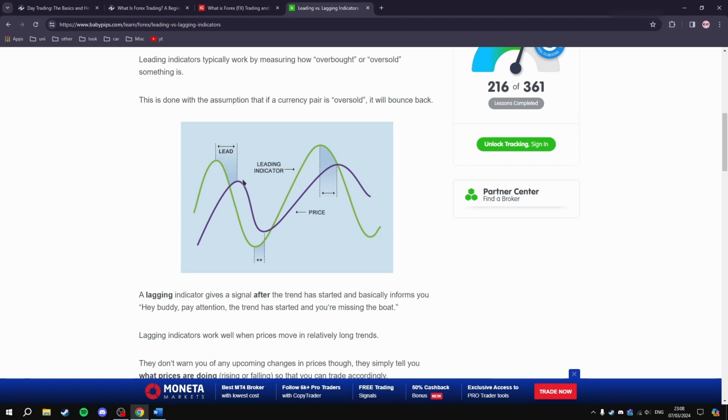Price, lead. So I'm guessing this is the, what is it? Price goes on the y-axis, isn't it? Whereas time goes on the x-axis. So the leading indicator, this time, wait, this graph doesn't even make sense.